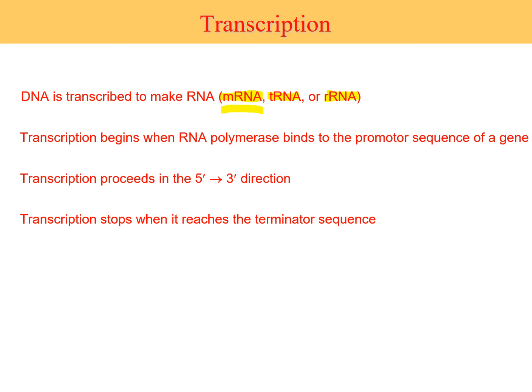Transcription of a gene begins when the RNA polymerase binds to a promoter sequence at one end of the gene, and transcription proceeds in the 5' to 3' direction. It stops when it reaches a terminator sequence, or what's called a stop codon.